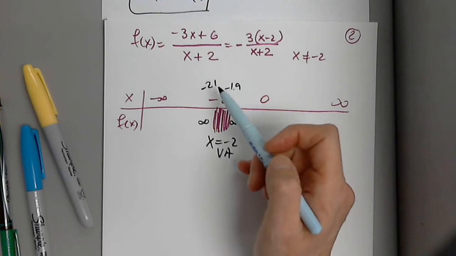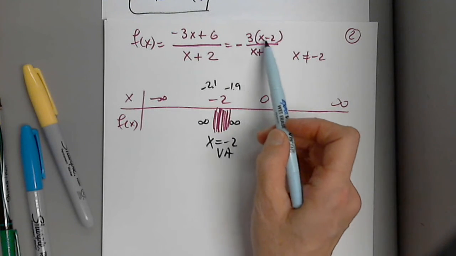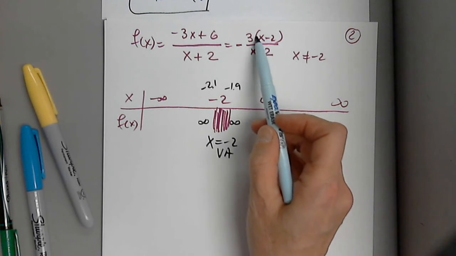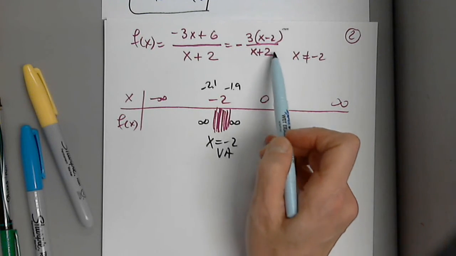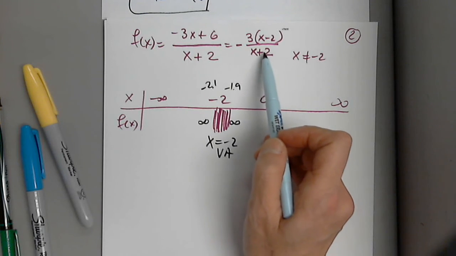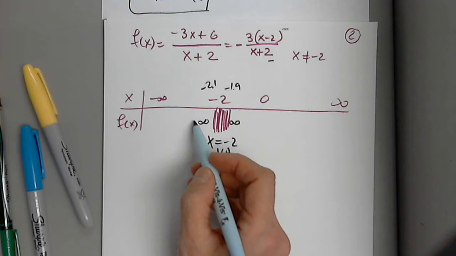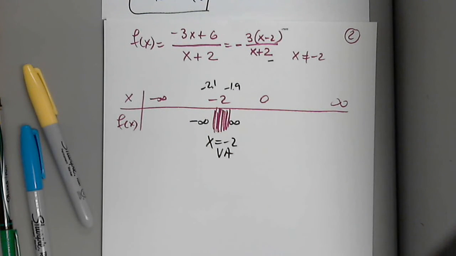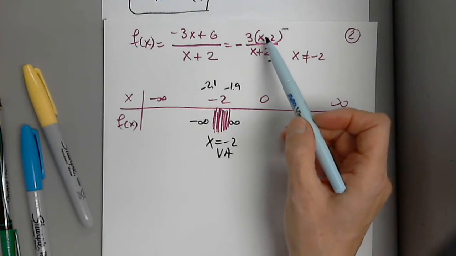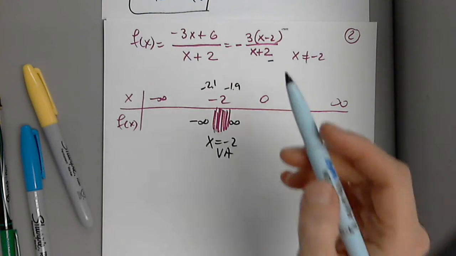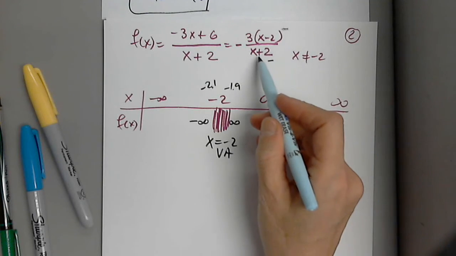So let's try -2.1. What is the sign of this with -2.1? Perfect. What is the sign of this with -2.1? 1, 2, 3 negatives. Sign. Very good. Last one. What is the sign of this x minus 2 when x is -1.9? What?